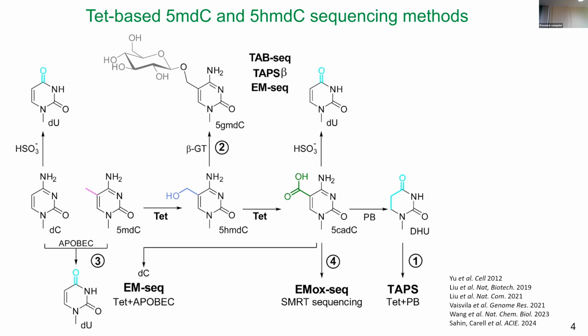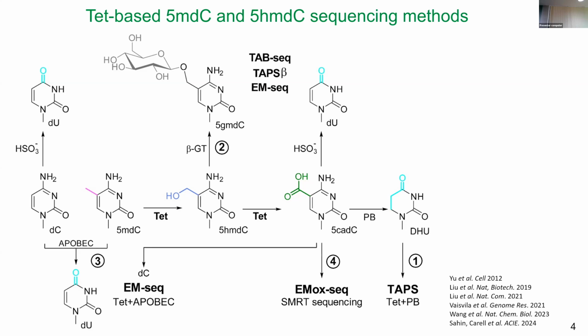If you want to learn about the position, for instance, of hydroxymethylcytidine, you can treat the genetic material first with a glycosyltransferase that glycosylates hydroxymethylcytidine, and this is then protected from TET oxidation and still reads as a C. You always have to compare to a reference genome in these cases, and then you can learn about the position of the hydroxymethylcytidine. There is also a method that uses three enzymes.